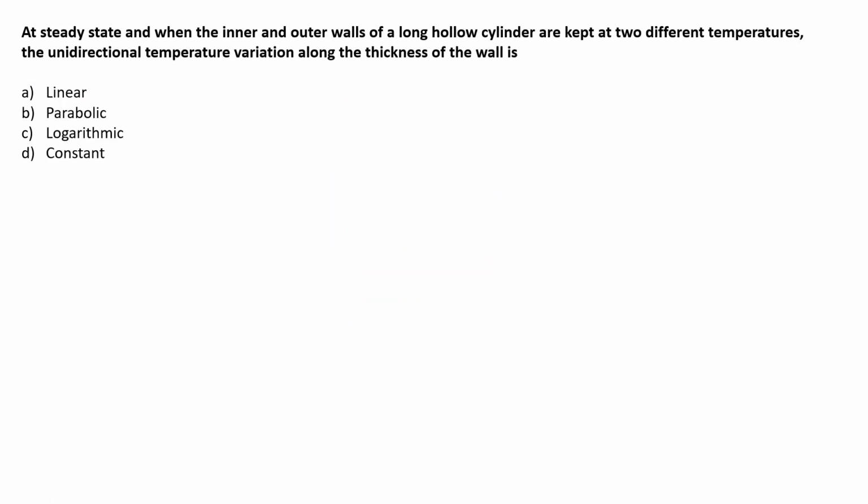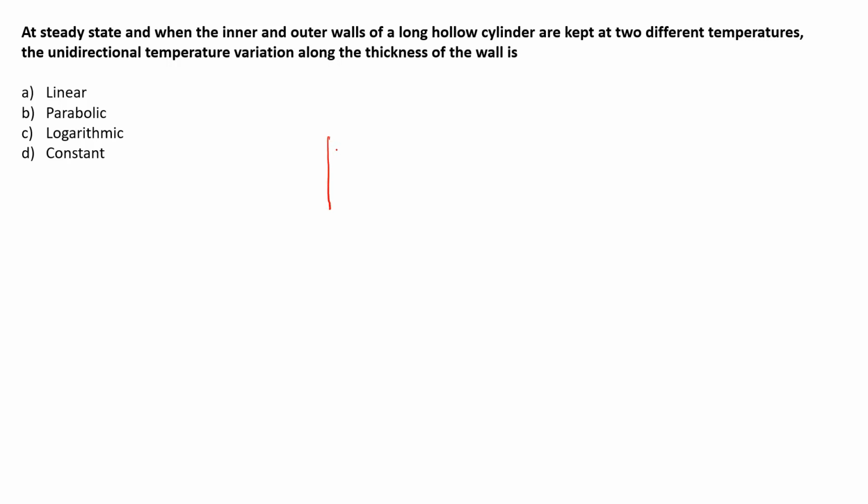At steady state, when the inner and outer walls of a long hollow cylinder are kept at two different temperatures, the unidirectional temperature variation along the thickness of the wall is... Now this is a hollow cylinder.